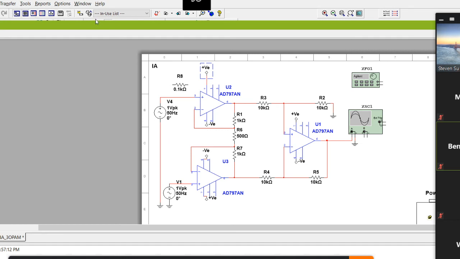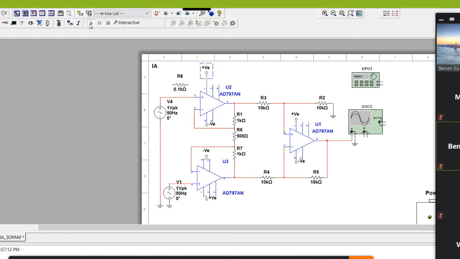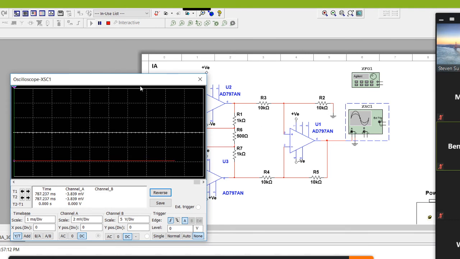So we do the simulation. It is very close to 0, but still has some value, though actually it is very, very small.